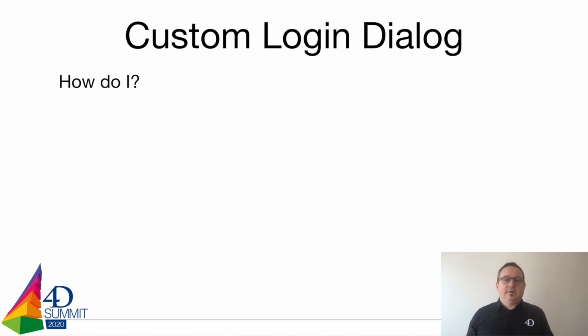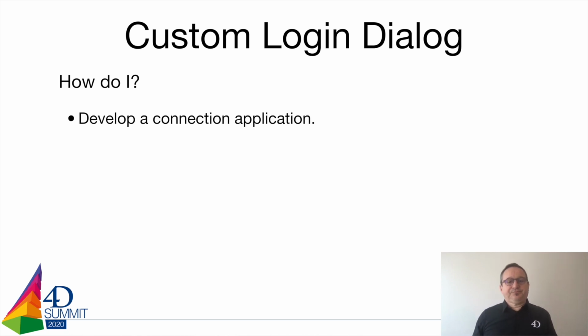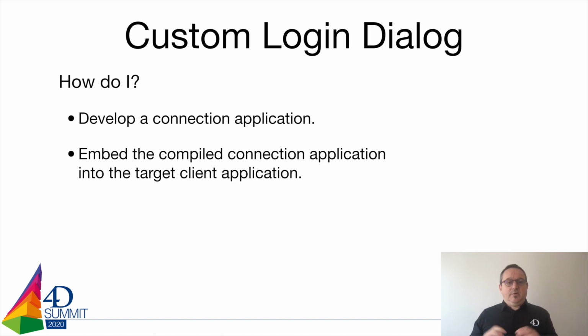So how can I do this? I have first to develop a connection application. So you can imagine all the scenarios you want. You have second to embed this compiled application into the client target application, and then just have to deploy the application.